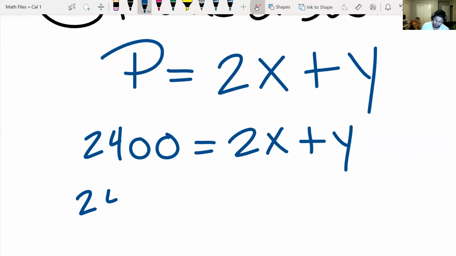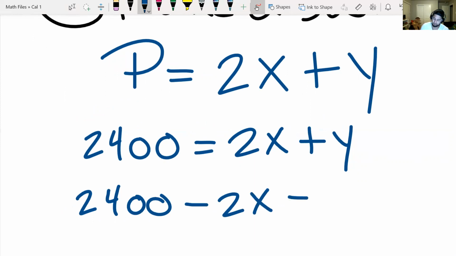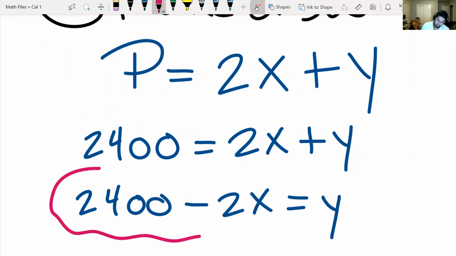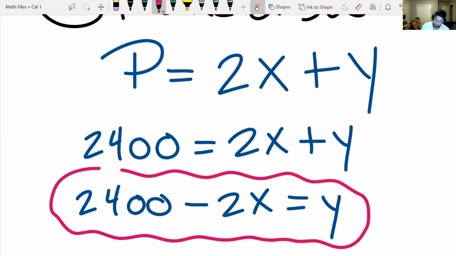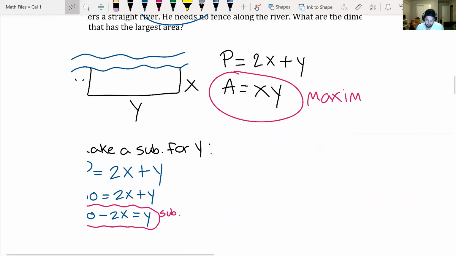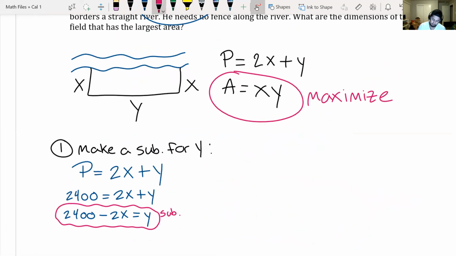So I'll get 2,400 minus 2x equals y. There's our sub. And again, what we're going to do with that sub is plug it in for that y value in area.